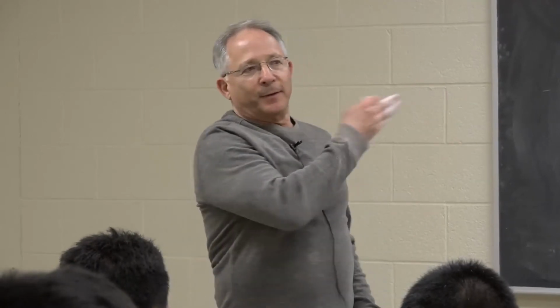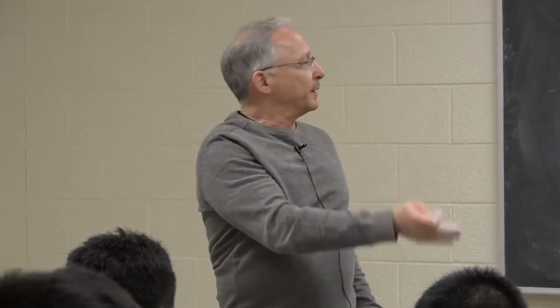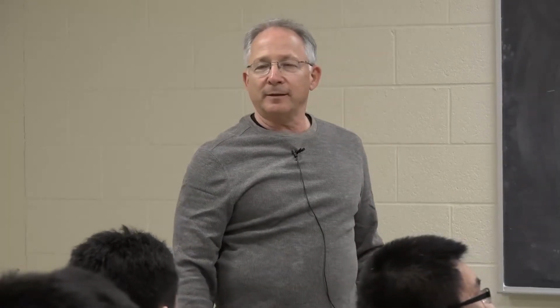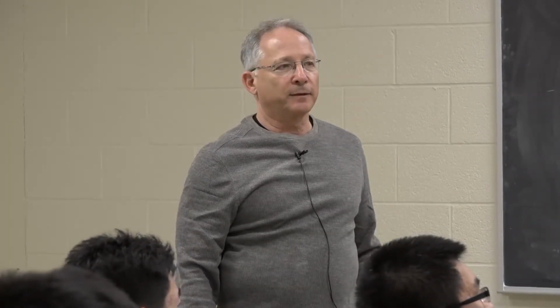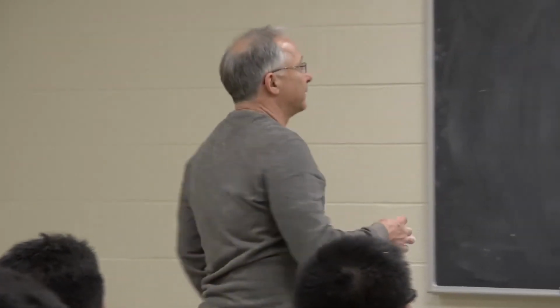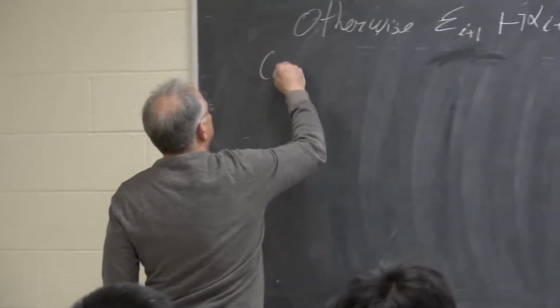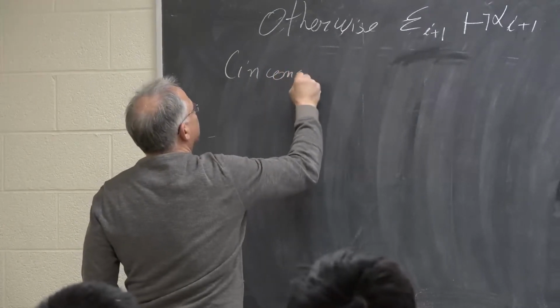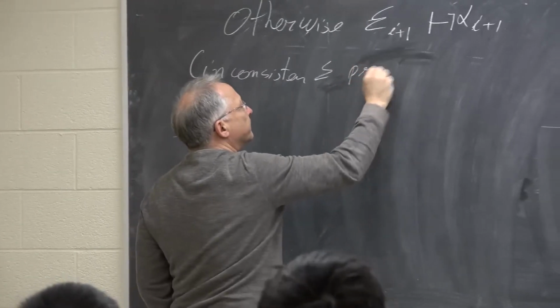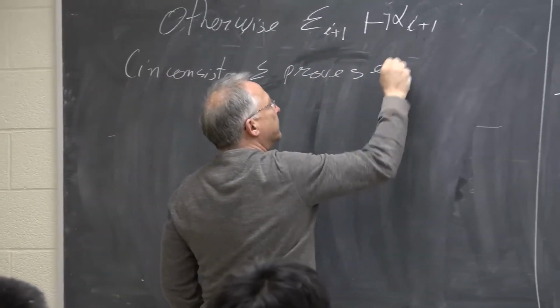I could even confuse myself and write that it proves alpha I plus 1, but it proves not alpha I plus 1. Why does it prove not alpha I plus 1? It proves everything. It's inconsistent. Sigma proves everything.